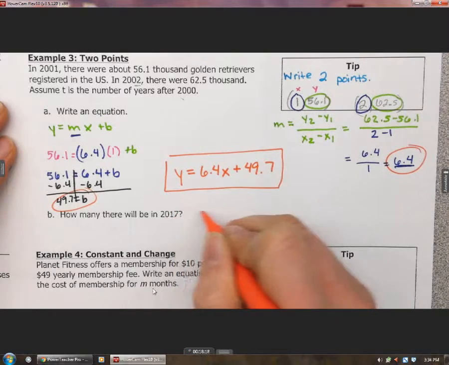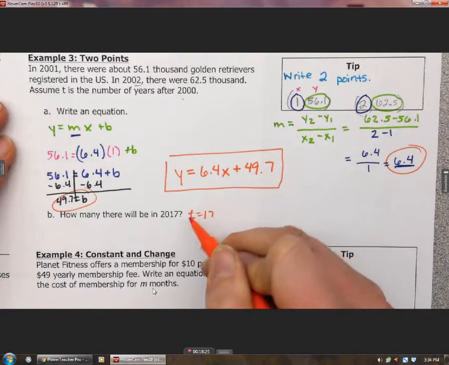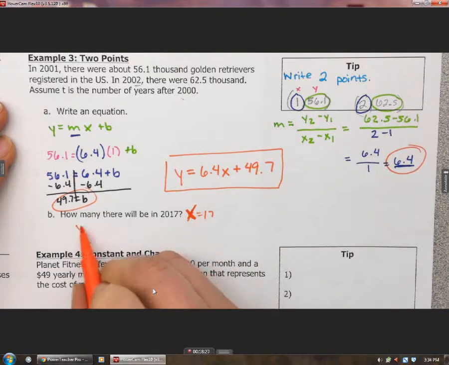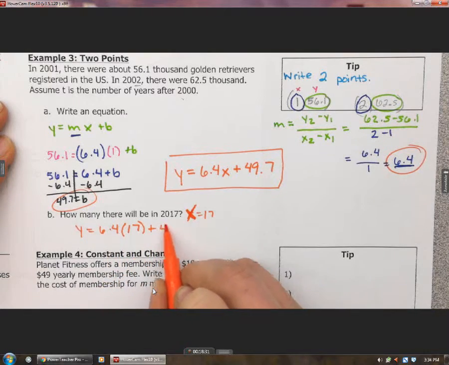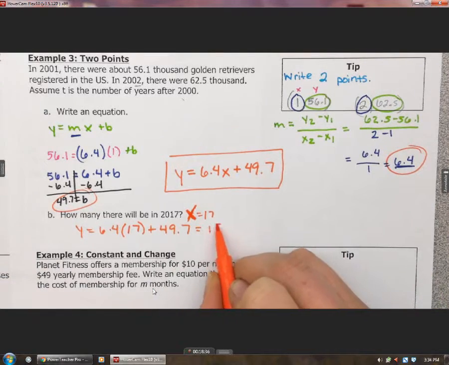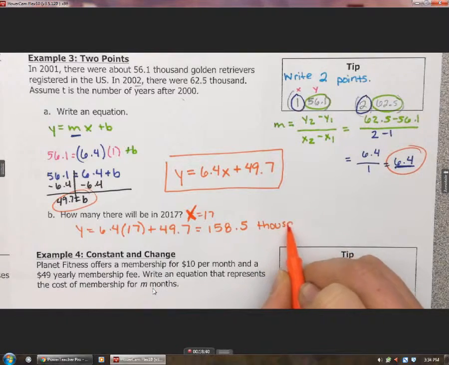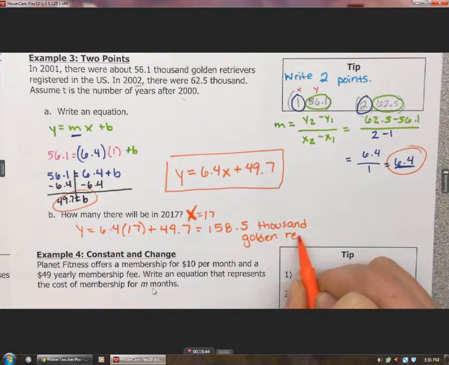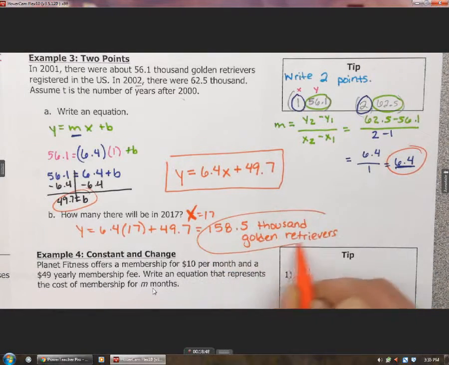Well, in 2017, t equals 17, or x equals 17. Make that an x equals 17. So y equals 6.4 times 17 plus 49.7 equals 158.5. This would be 1,000 golden retrievers. That's your answer right there.